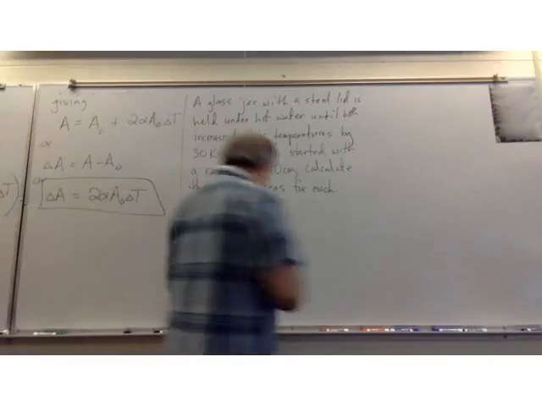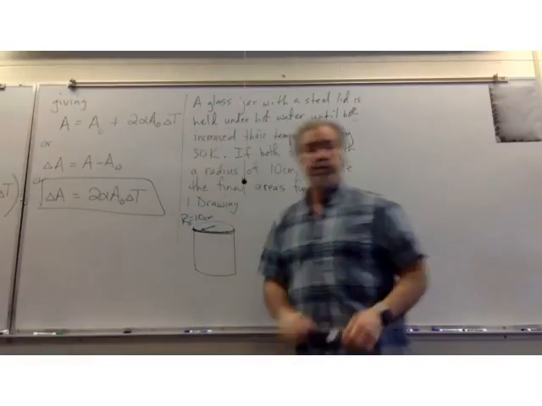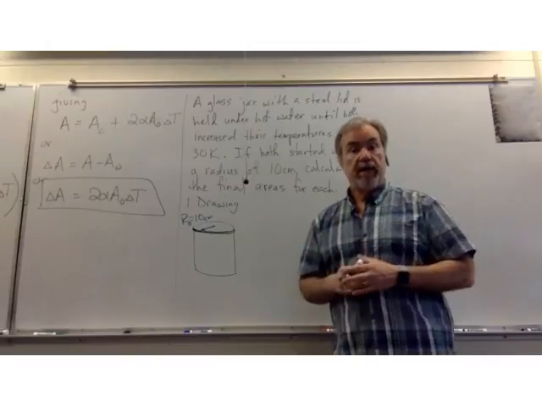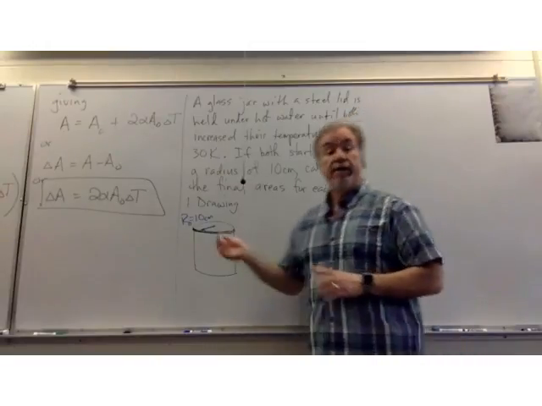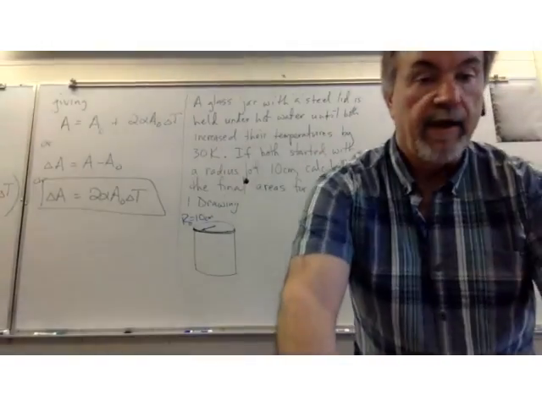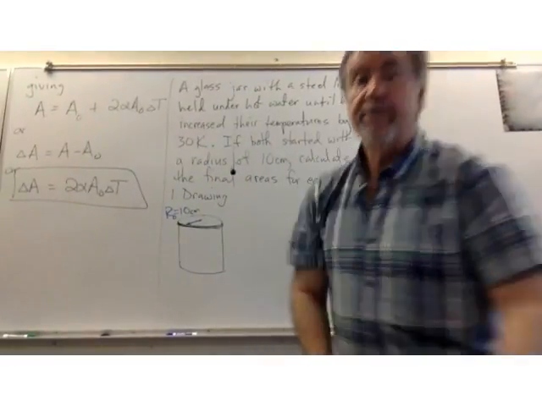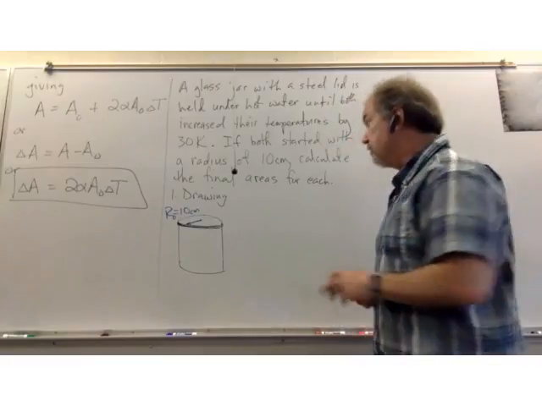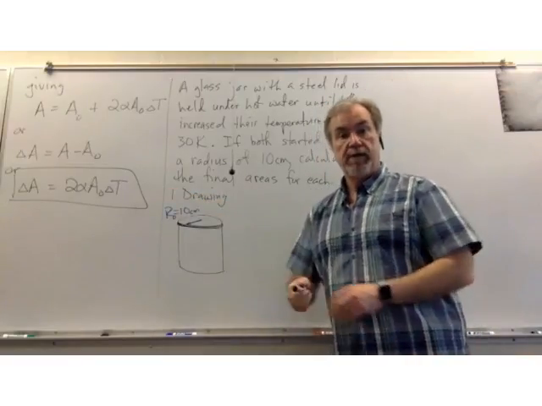Okay, and the whole thing is at whatever temperature, room temperature or something. You hold it under hot water. The water is at 30 Kelvin, sorry, 30 Kelvin higher than room temperature. And so as a result, the temperature of the glass and the temperature of the steel will both increase by 30 Kelvin. And as a consequence, their areas will increase.